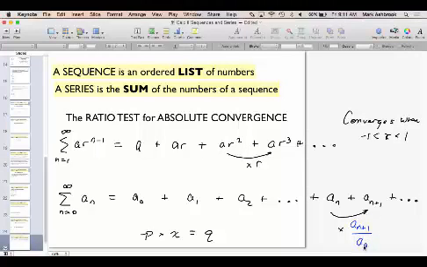Now this could change, right? In any sequence, that value could change. So we just simply say, as long as the limit of that number is less than 1, as long as eventually it levels out at a number less than 1, then in the end it's like multiplying by a constant value that's less than 1, right?